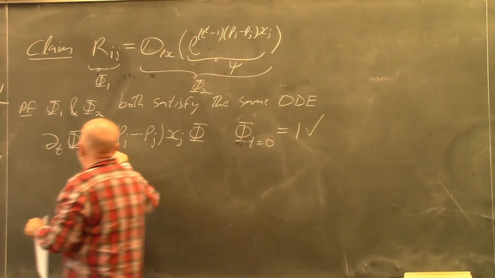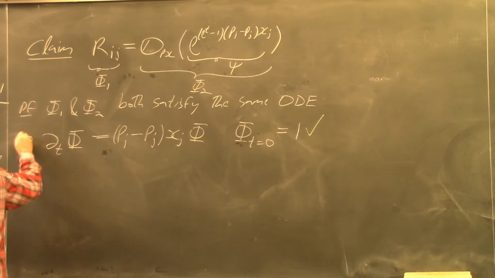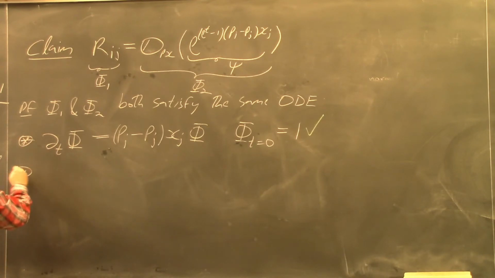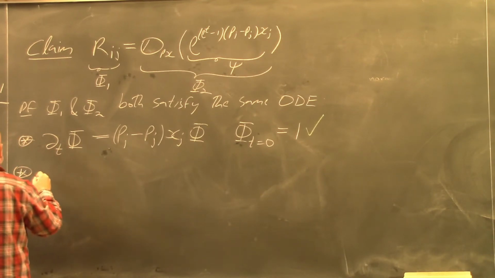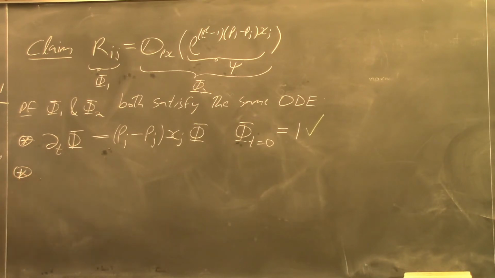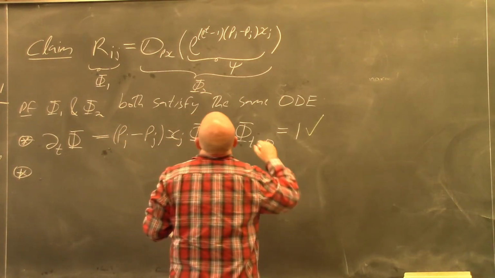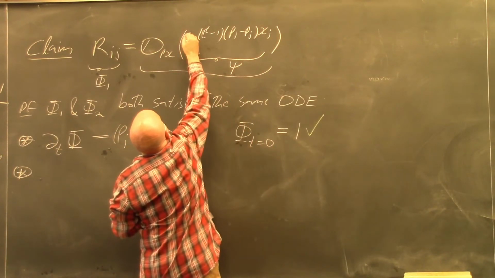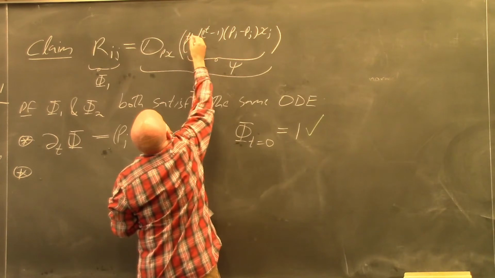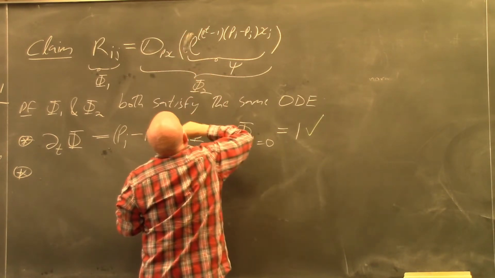So I just need to check this one. So let's call this star. So let's check star for phi 1. Oops, I have it wrong, sorry. I have to multiply this by e to the t over 2. But e to the t over 2 is just a multiple of the identity.